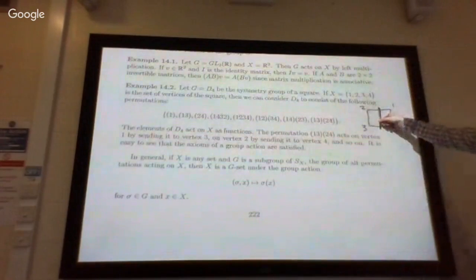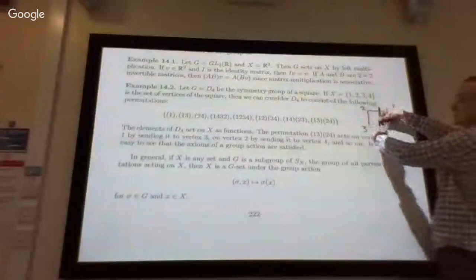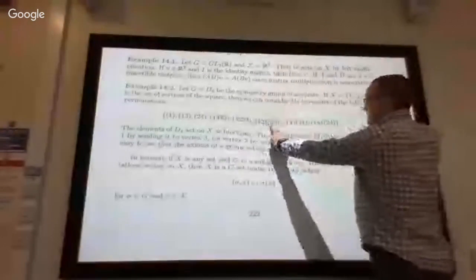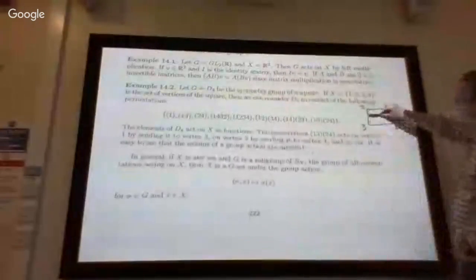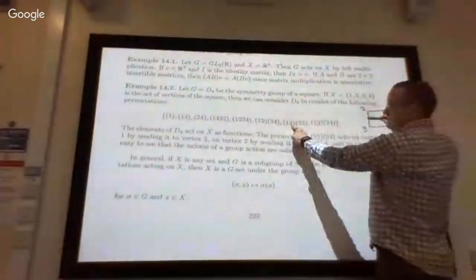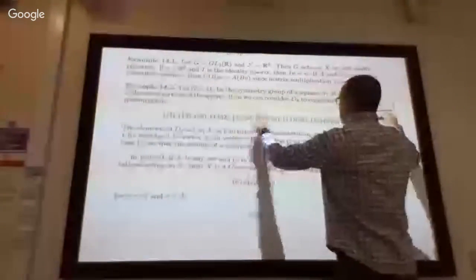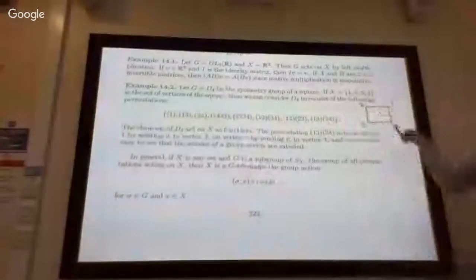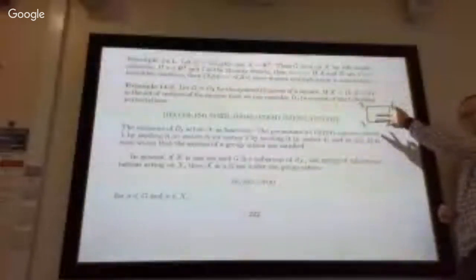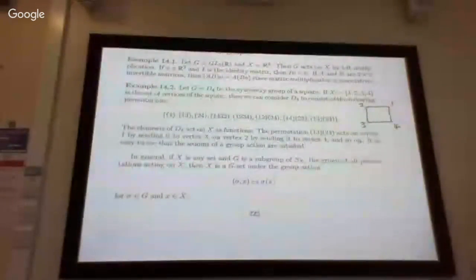So reflecting in the vertical axis swaps 1 and 2 and swaps 3 and 4. That's this one. This reflection swaps 1 and 4 and 2 and 3. It's this one. And the other 3 elements, this one, this one, and this one, those are the 3 non-identity rotations. So rotation by 1 quarter turn, 2 quarter turns, and 3 quarter turns. Okay, so those are all those elements.